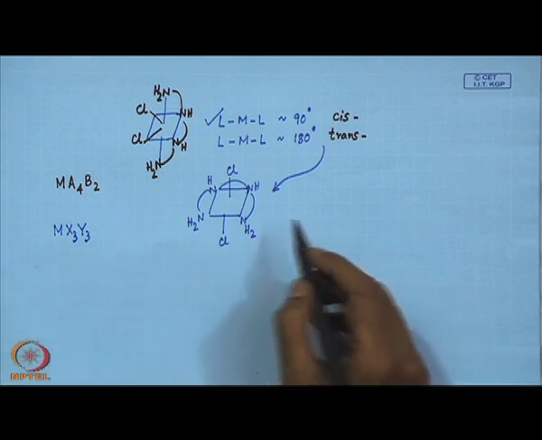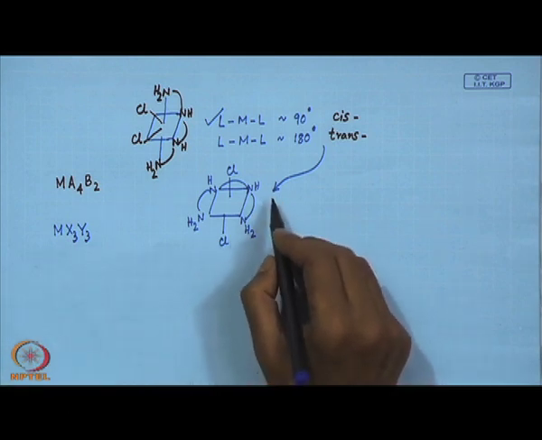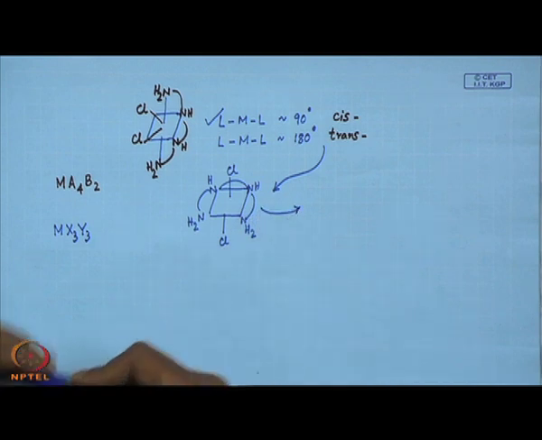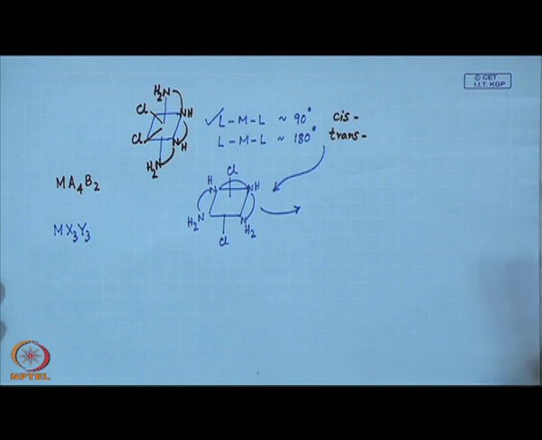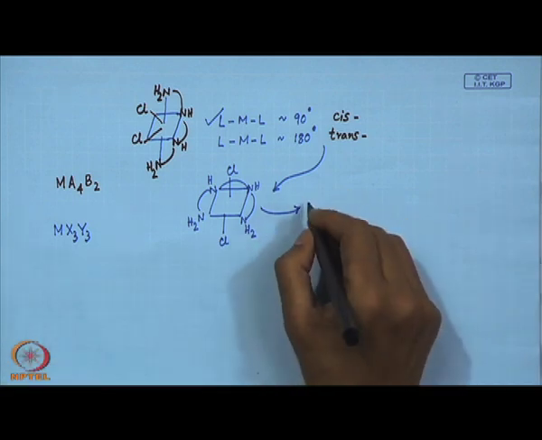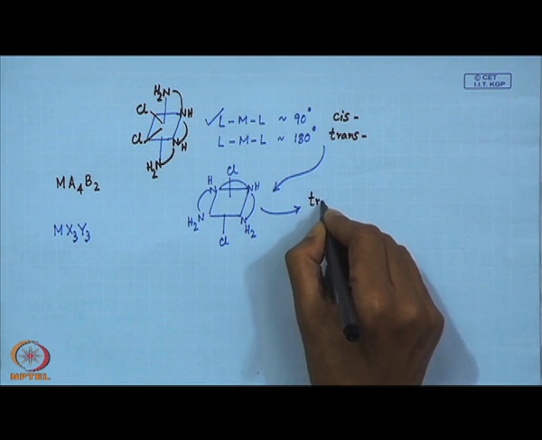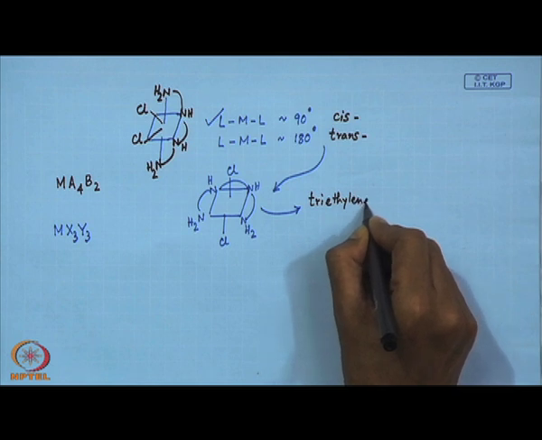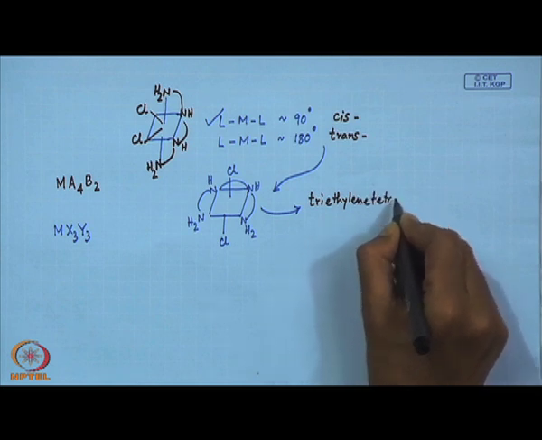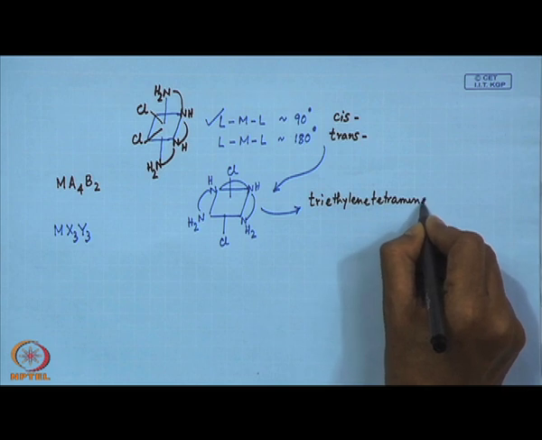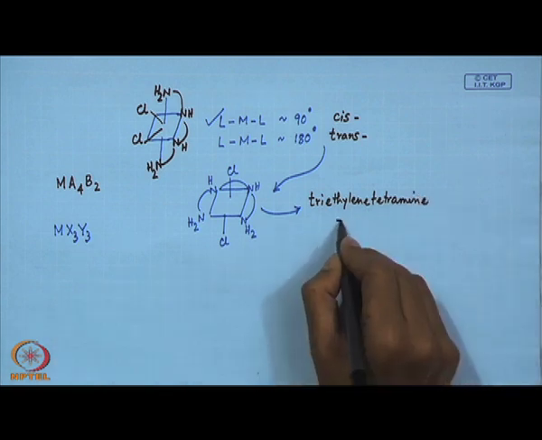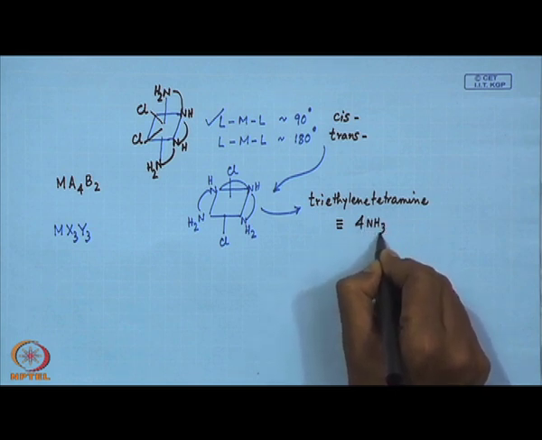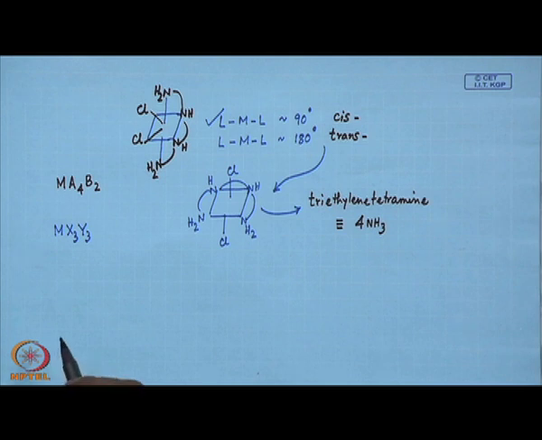And when we consider this type of thing related to the chelating ligand also, that means this NH2, NH2 ligand, which is the corresponding ligand known as triethylenetetramine, which will be very much equivalent to the donor properties of 4 ammonia groups.